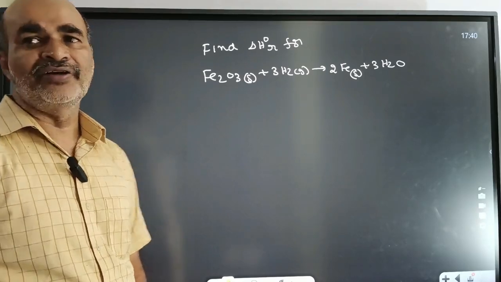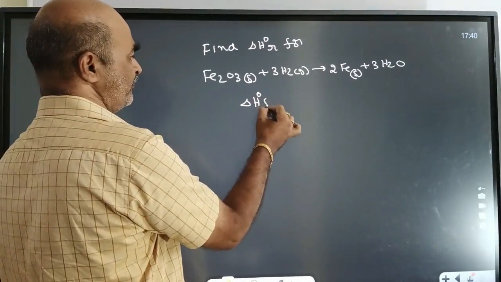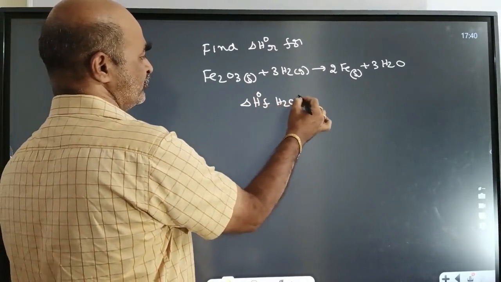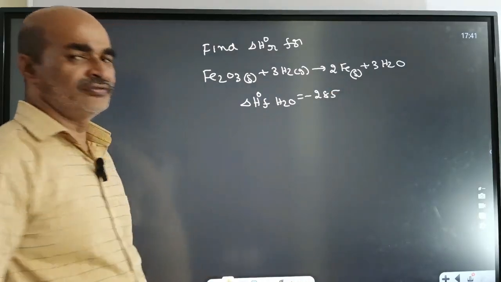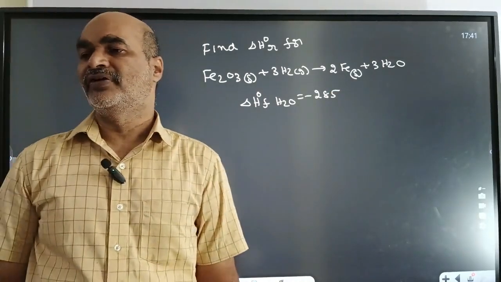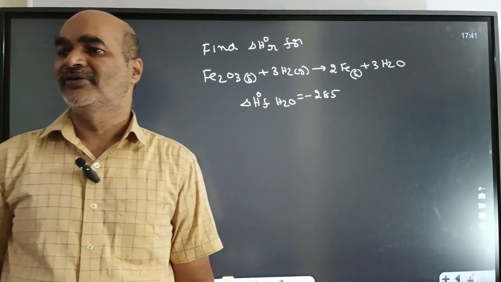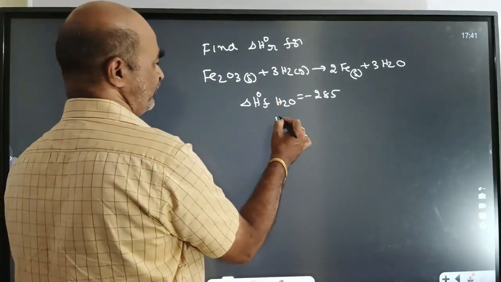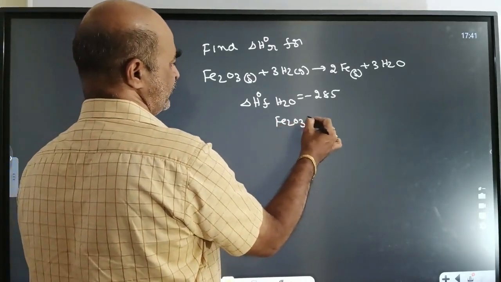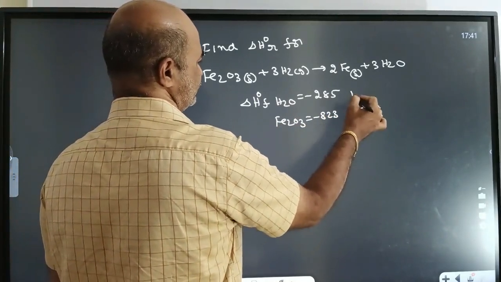The enthalpy of formation of H2O is minus 285 kilojoules. The enthalpy of formation of Fe2O3 is minus 823 kilojoules per mole.